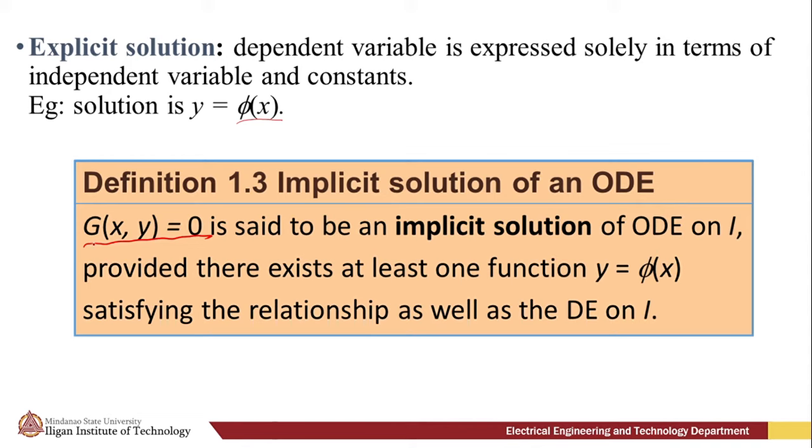So this form, g of x, y equals 0, is said to be an implicit solution of an ordinary differential equation on the interval I, provided that there exists at least one function y equals phi of x, which is our explicit solution. So if you can extract an explicit form from this implicit solution that will satisfy the relationship as well as the differential equation on the interval I, then g of x, y equals 0 is the implicit solution of an ordinary differential equation.